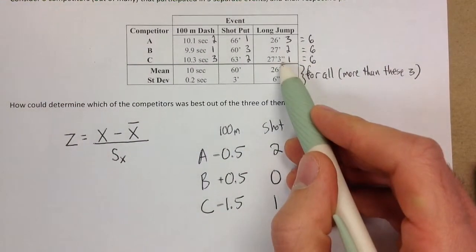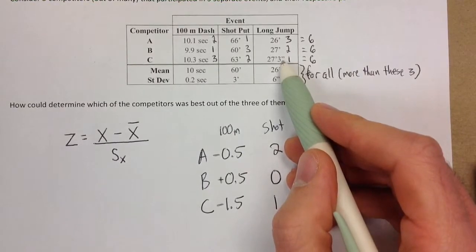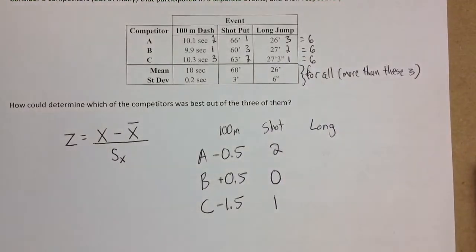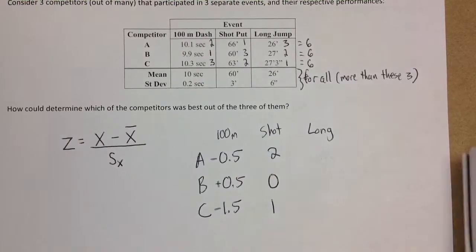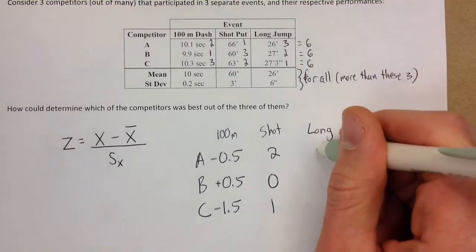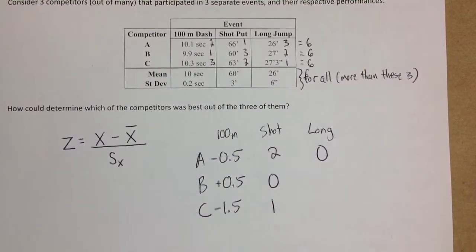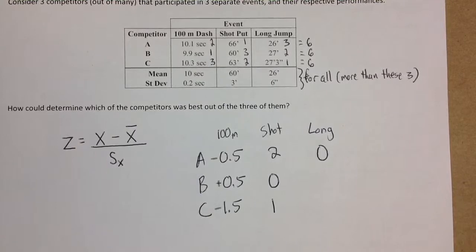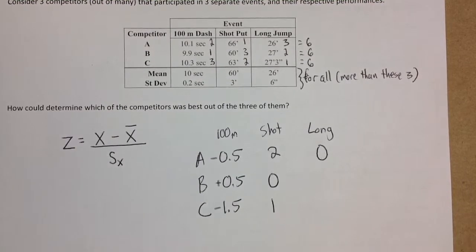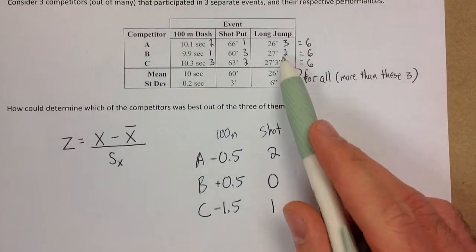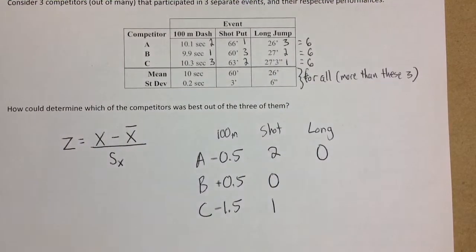For the long jump, more is better, so we don't have to do that correction like we did for the 100-meter. Competitor A, no calculation needed. Their value was the mean, so their z-score is 0. Let's be careful here. We have a mixture of units. So what would the z-score be for competitor B? 2. Okay.